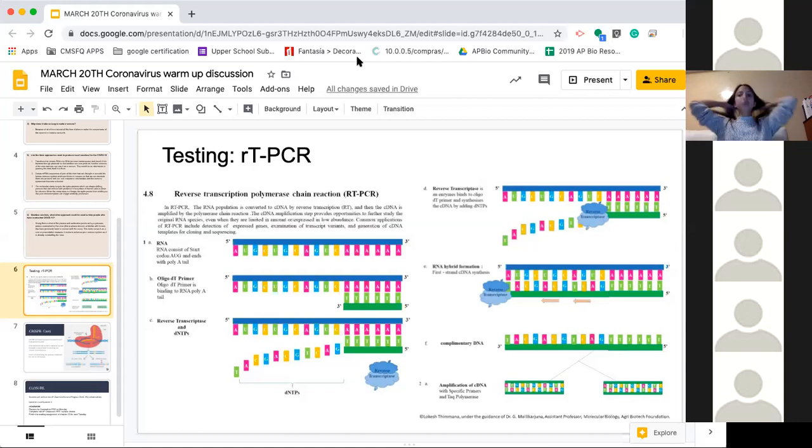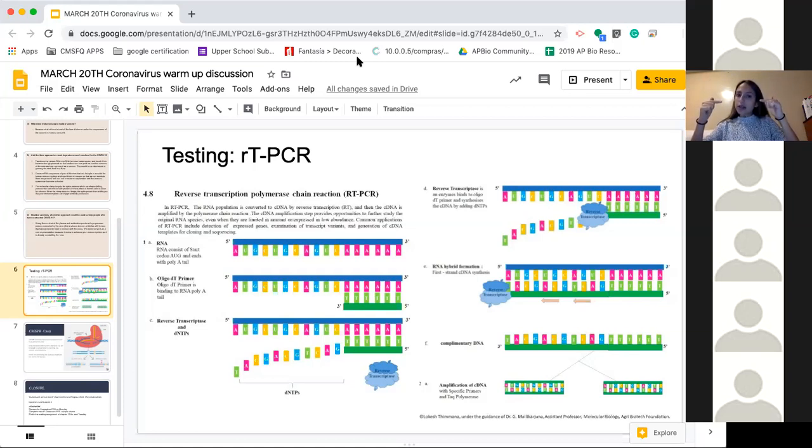Okay, so remember that when you're trying to create messenger RNA, all you do is you have a DNA sequence and you have an RNA polymerase to create an RNA sequence from that DNA sequence. In this case, all you're doing is the reverse. You start off with an RNA sequence and you create from that RNA sequence a DNA sequence.